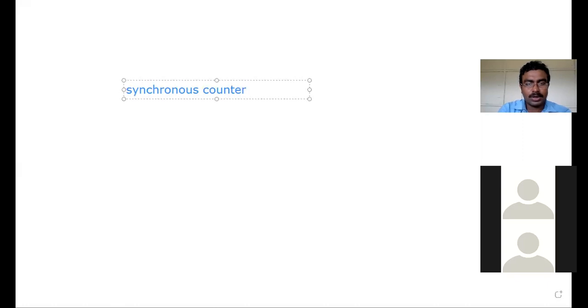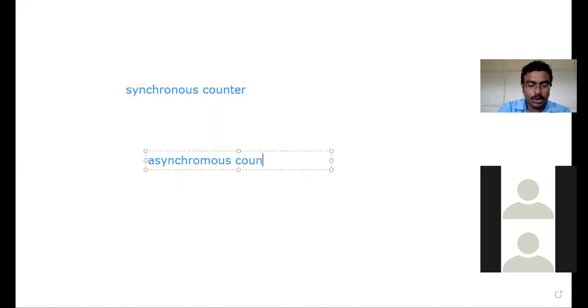In the starting class we also discussed the relation or difference between synchronous and asynchronous sequential circuits.